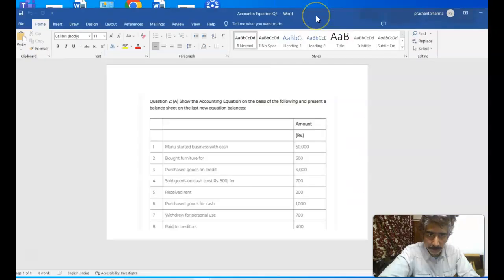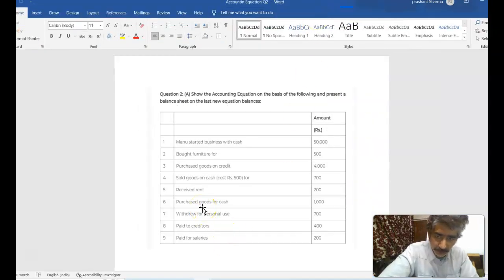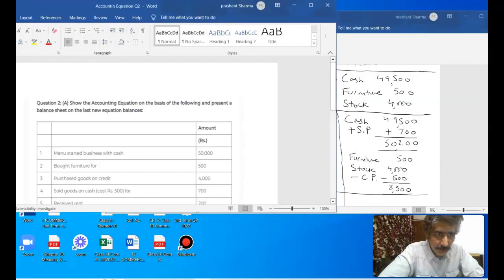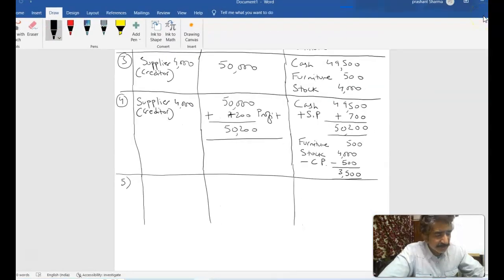So I'm coming back to the question. Fifth one says received rent 200, means the owner of this business, Manu, must be having property which he has let out to a tenant, kirayadar, and from that tenant he is receiving rent of rupees 200. So children, as rent is being received, in this case it's an income, and incomes, remember, have to be added to the capital.